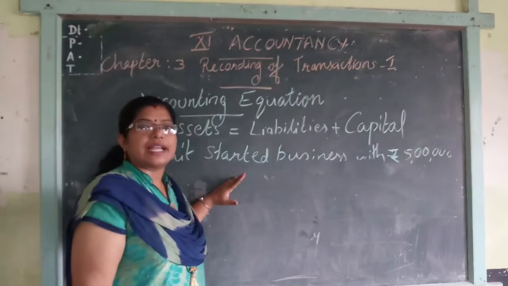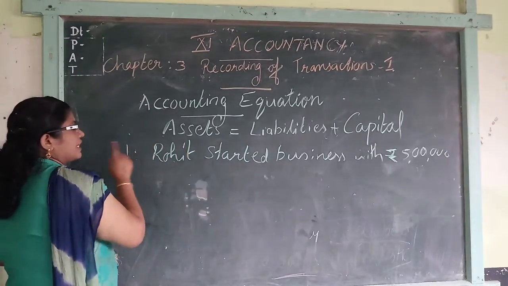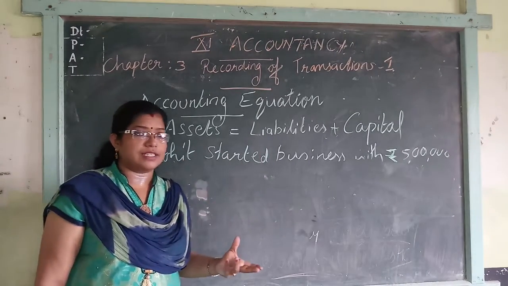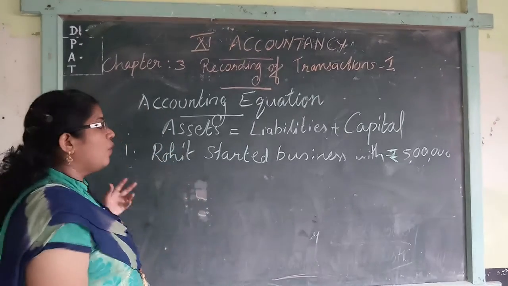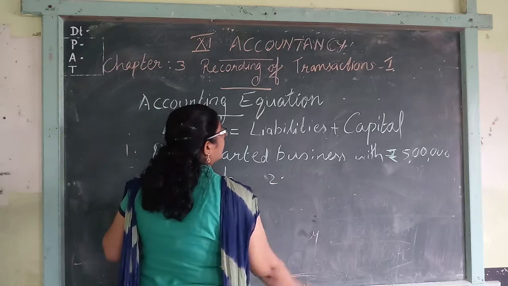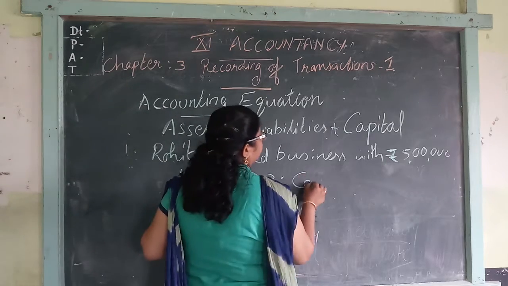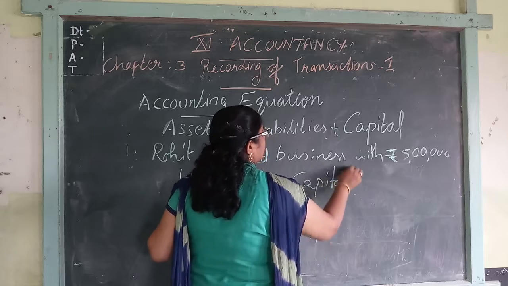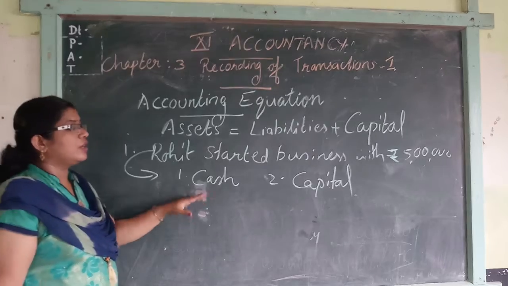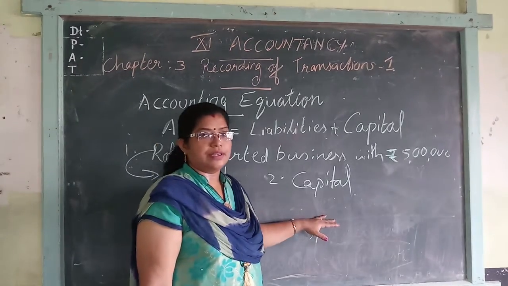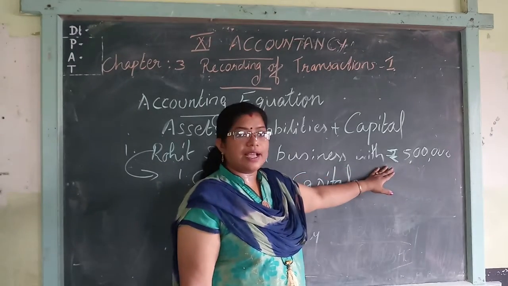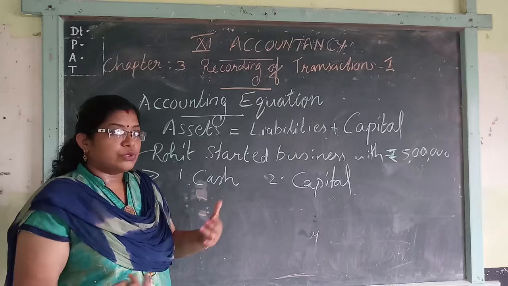This is called one transaction. This transaction has at least two effects: one is cash and the second is capital. Cash of rupees 5 lakh comes to the business.